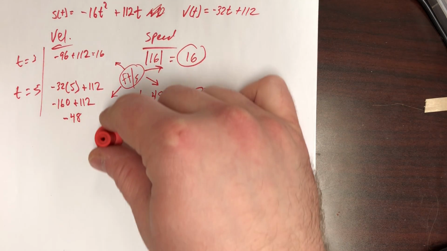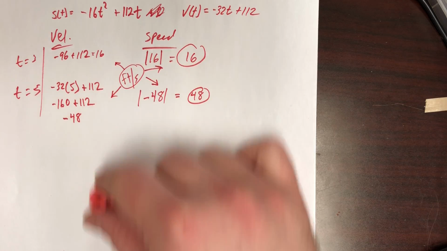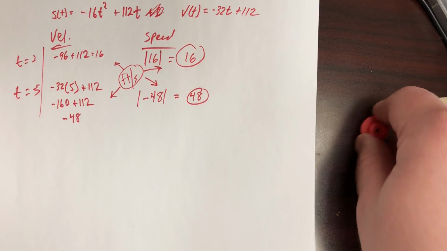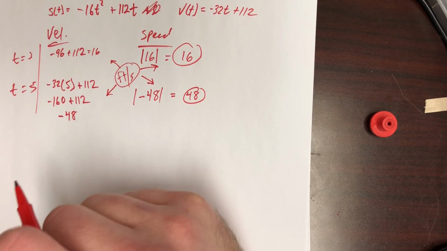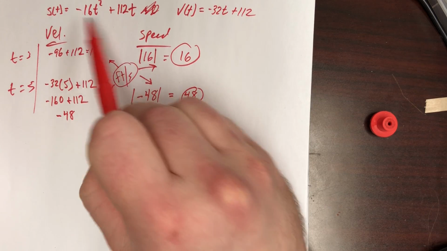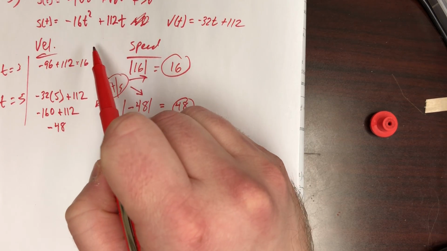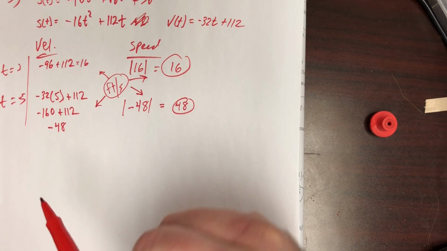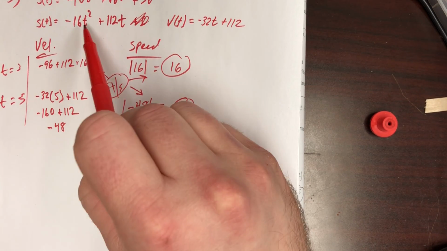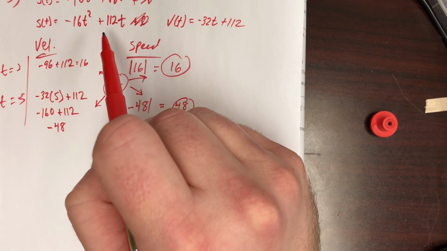It goes up, slows down, and then falls. So where's the highest that it gets? We don't know, but based on our initial equation here, we're going to be able to find out when it gets to the highest place. And if we can find when it gets to the highest place, we can plug that t in here and find out the position.